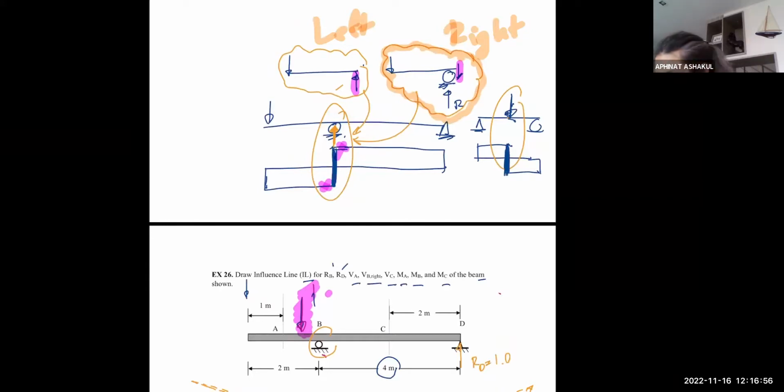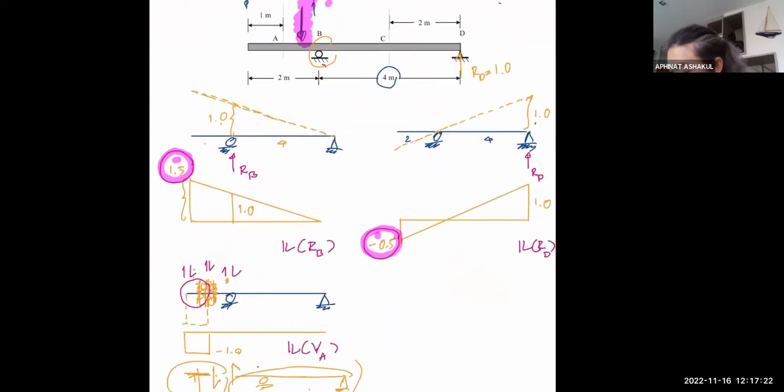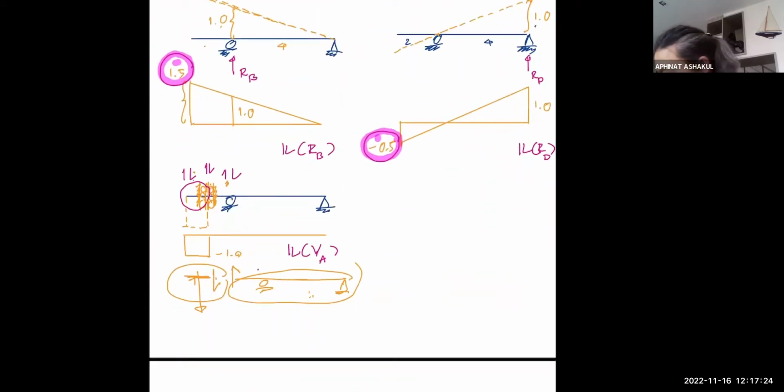So now when we talk about the influence line of VB to the right of the support, it means that you are now going to have to allow the shear slightly to the right of support B to move freely. Okay, that means we are now going to have this.